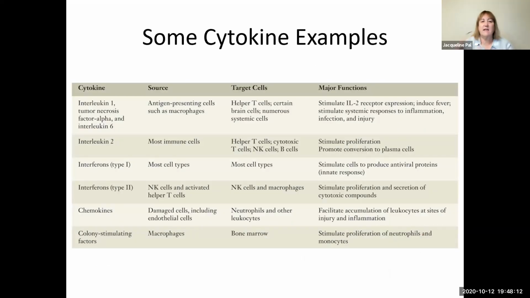So here are some examples of cytokines that we are going to be talking about. Interleukin 1, as well as tumor necrosis factor alpha, and interleukin 6, which we're not going to be talking about. These are all cytokines that are released by a cell that's called an antigen presenting cell, which you'll learn about when you learn about cell mediated immunity.